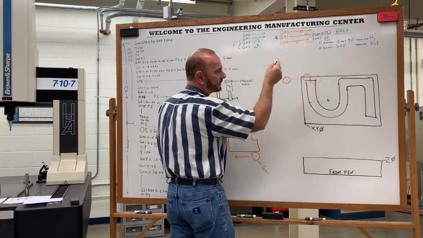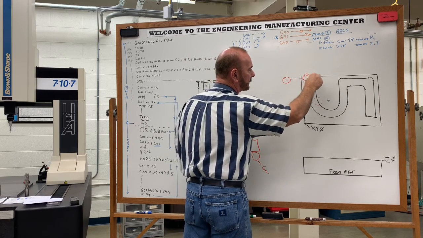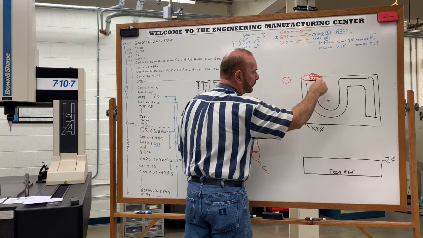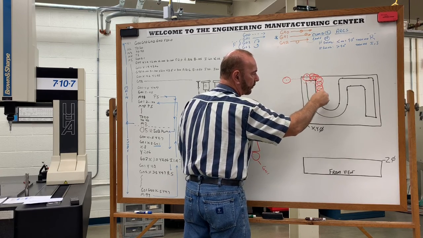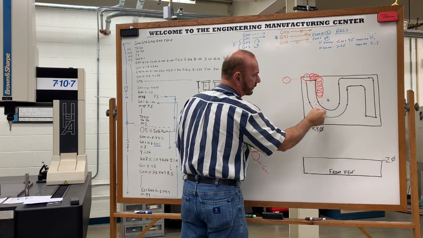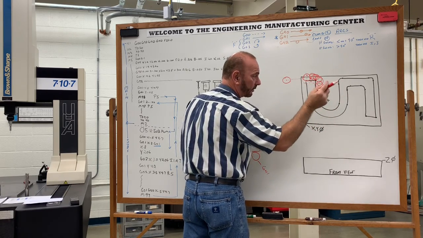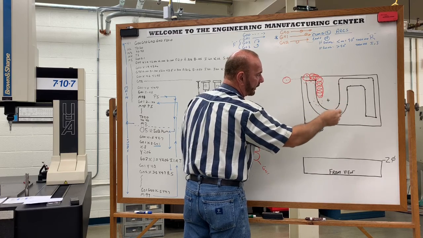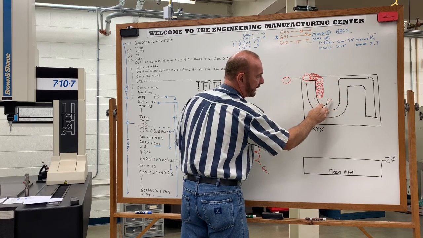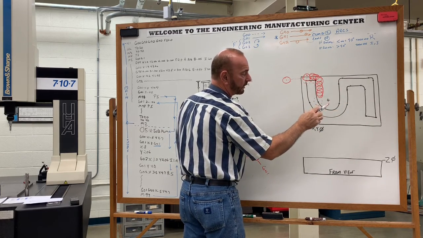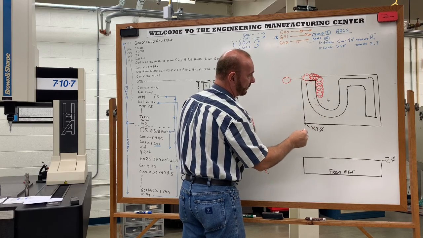Once cutter compensation is activated, the cutter stays tangent as it moves all the way around. That way you, as the programmer, only have to program to the points that you know, and the computer will keep the cutter tangent all the way around that contour, thus giving us the profile that we want that's protruding off the part without violating the part.